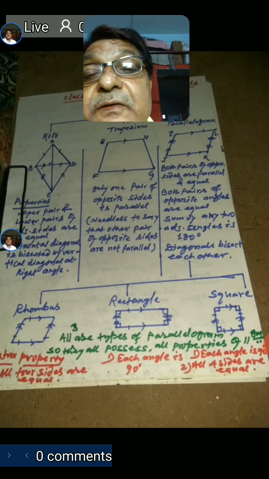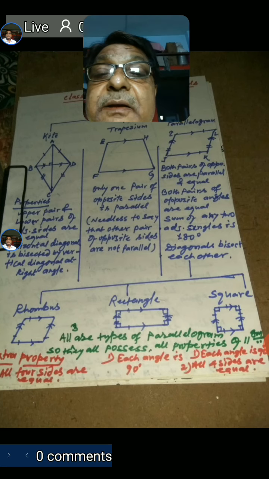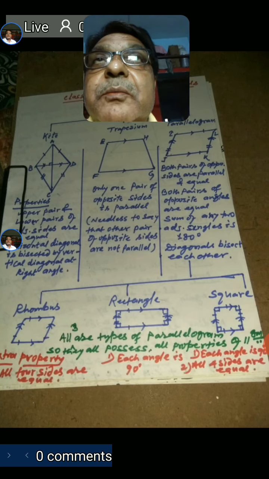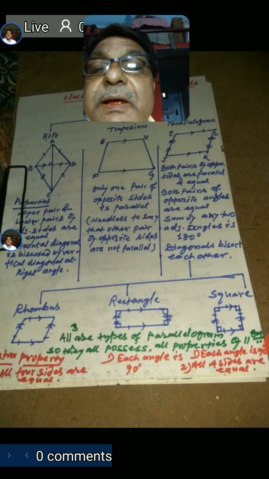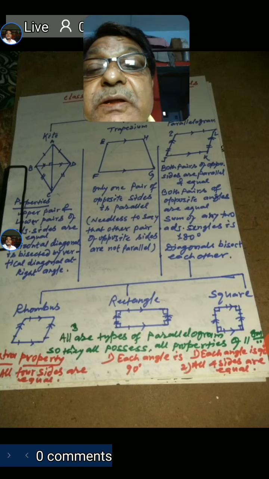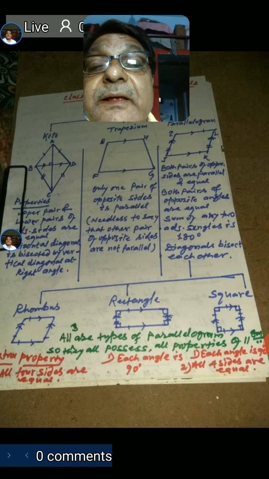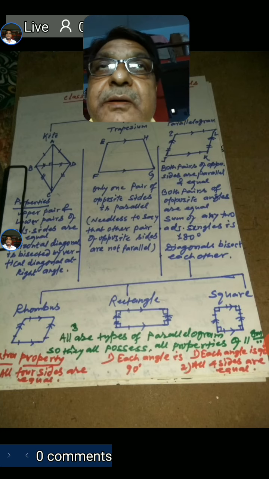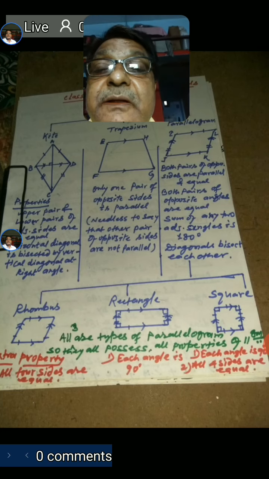Due to this extra property, they show some extra character, and as they hold it, they are given a special name.